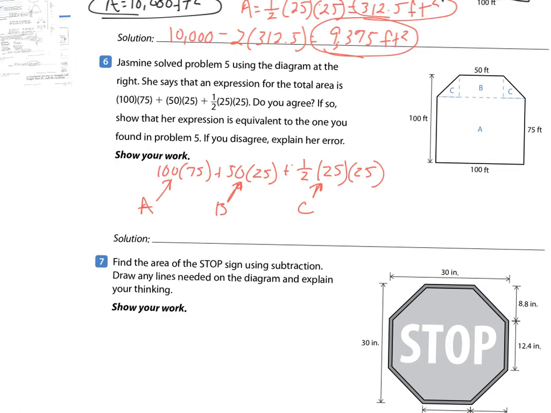If we look, she multiplied 1/2 times 25 times 25, which would find the area of one of those triangles. So I disagree with Jasmine.